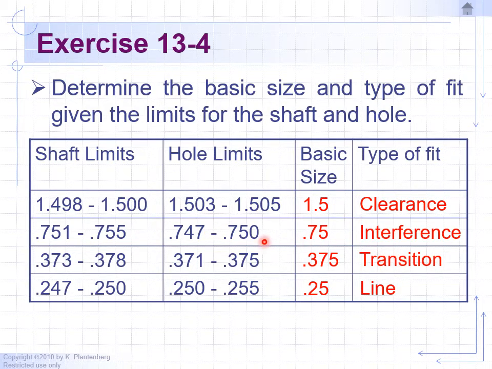Transition, you may end up with a large hole or a small hole with respect to the shaft. That means you'll get a positive maximum clearance and a negative minimum clearance. And once again, inline is a perfect match or a little bit of space between the shaft and the hole, just like a hand to a glove. Either it's a perfect match or the glove is just slightly larger than the hand.